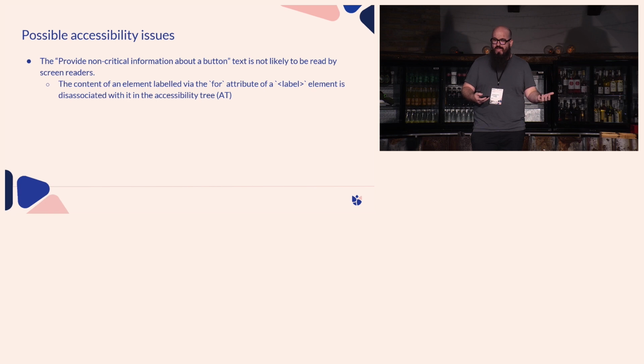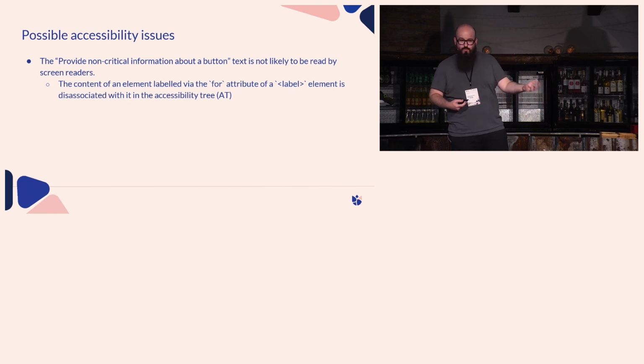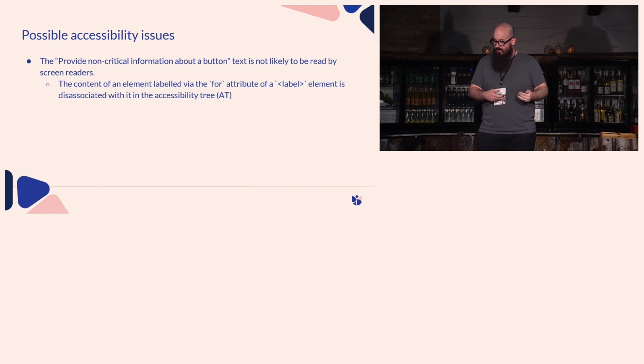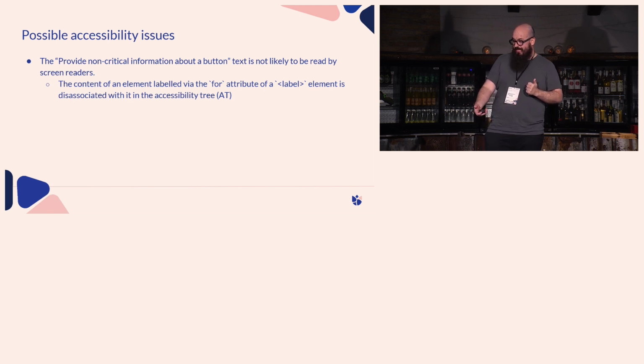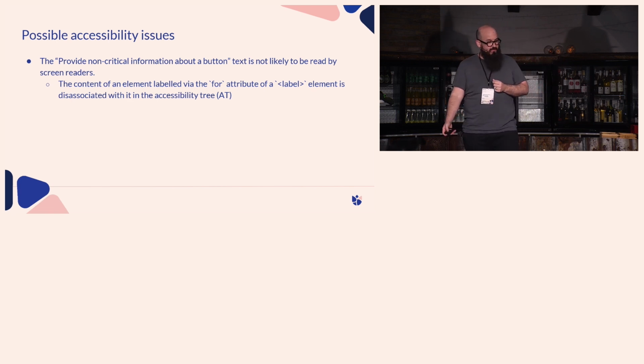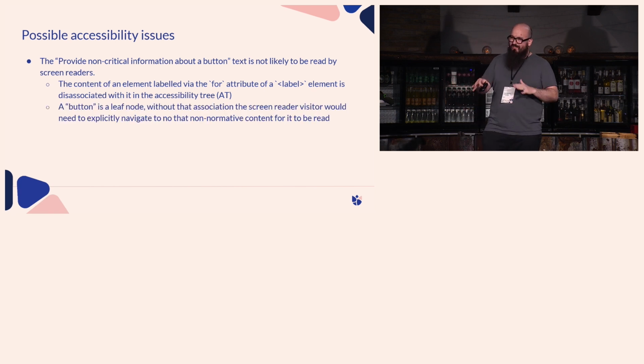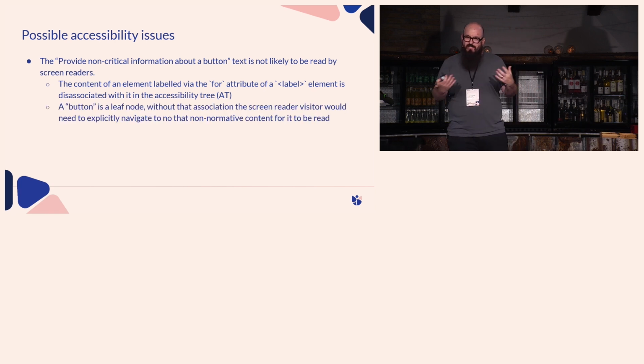So before we saw that notifications was in a label element that used for with an attribute to reference our button. And so that can pull the content inside that button off of the accessibility tree. While it's still sort of there, accessibility trees generally stop at leaf elements.